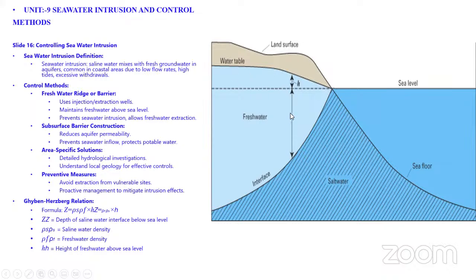the freshwater table above the sea level? And Z here is the depth of the saline water interface below sea level. This is the sea level, and below sea level, what is the interface? What is the depth of the interface of freshwater and saline water?